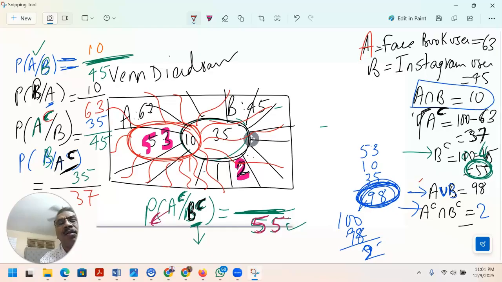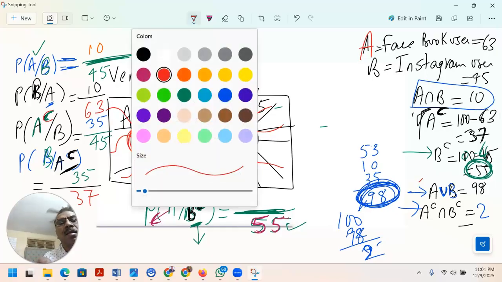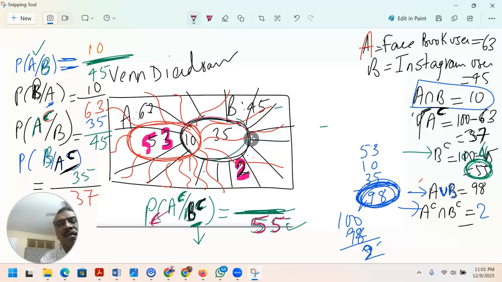So it should be the intersection of this: outside the Instagram, and also outside this red color. The only option is this 2 here. So that's why it is 2 out of 55.